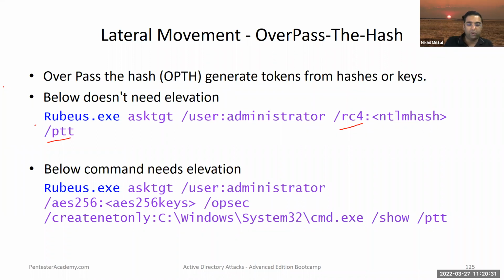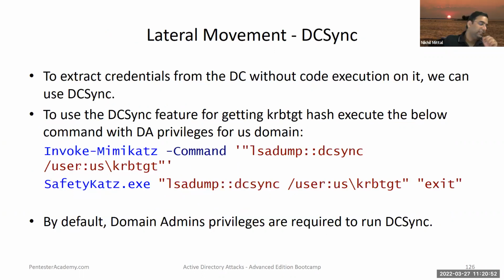You need to log off and log on once. So this would work in some scenarios if you do not need elevation. However, if you need to start a new process, even with Rubeus, you would need elevation, absolutely always. All right, so that is what overpass the hash is.